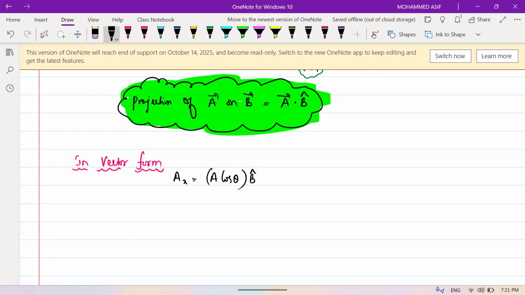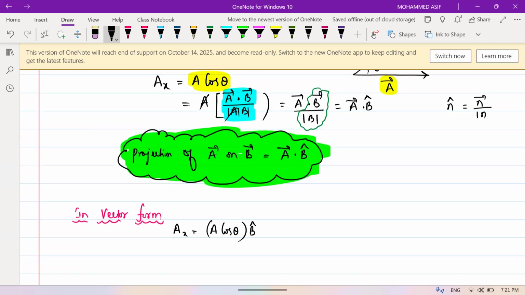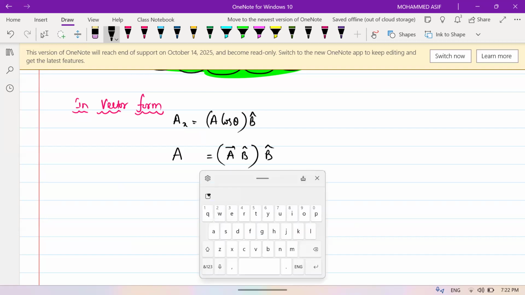Yes, sir. Already we did A into cos theta, and what I got was A bar dot B cap. So directly I can write this as A bar dot B cap multiplied by B cap again. Am I clear? Yes, sir. So that is the vector form of the projection of A on B.